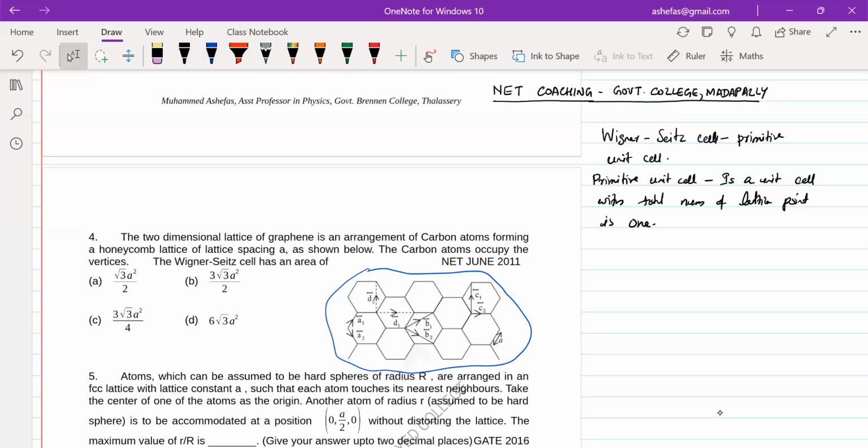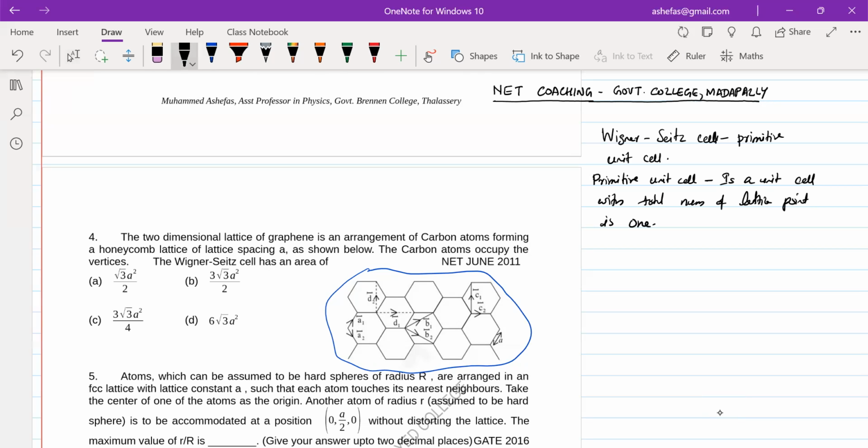Okay, so the primitive unit cell is the unit cell which has a single lattice point. Single lattice point means effectively it can have a single lattice point. Then all other unit cells would be non-primitive unit cells.